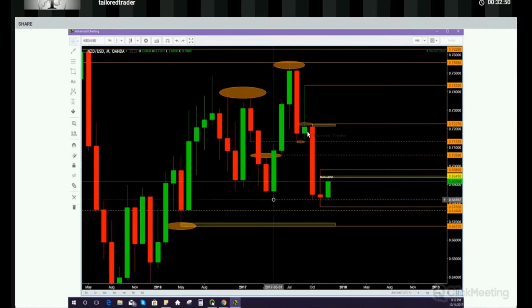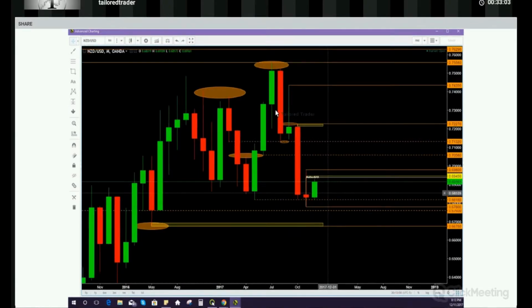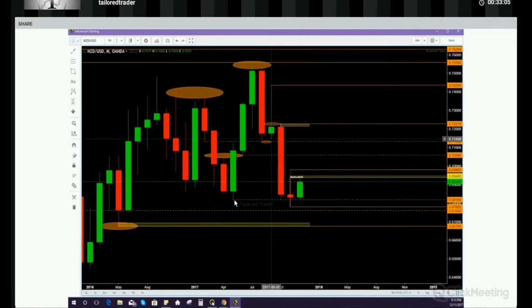The irony is it came off of a monthly doji bar break. So again, if you're looking at the higher time frames, it kind of shows you where you need to be. This was going to be a break of a monthly doji bar, and it fulfilled this literally to the pip down to the next monthly level.